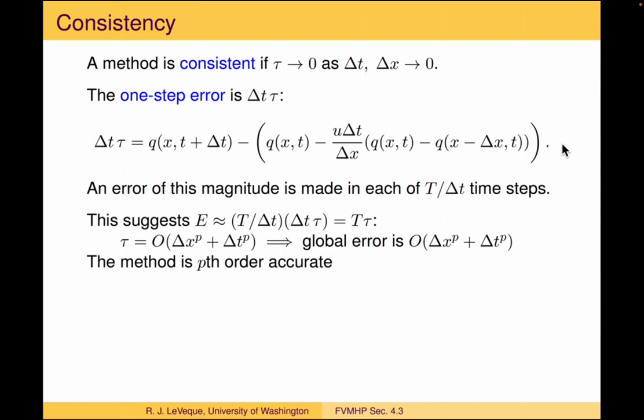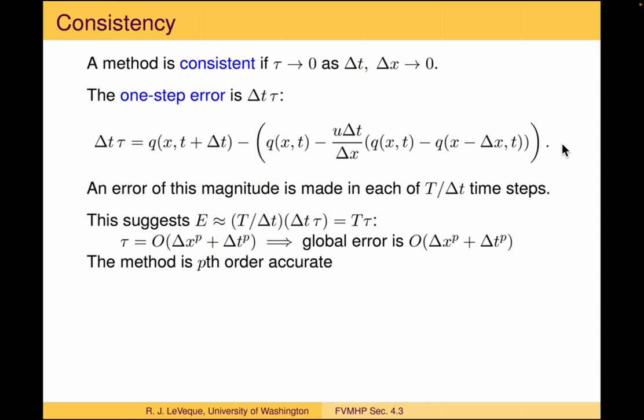Okay, a couple other basic concepts. We say that the method is consistent if the local truncation error goes to 0 as we refine the grid. So again, the local truncation error is based on just the Taylor series expansion of the form of the difference equation that looks like the PDE. And so we certainly hope that those terms go to 0.